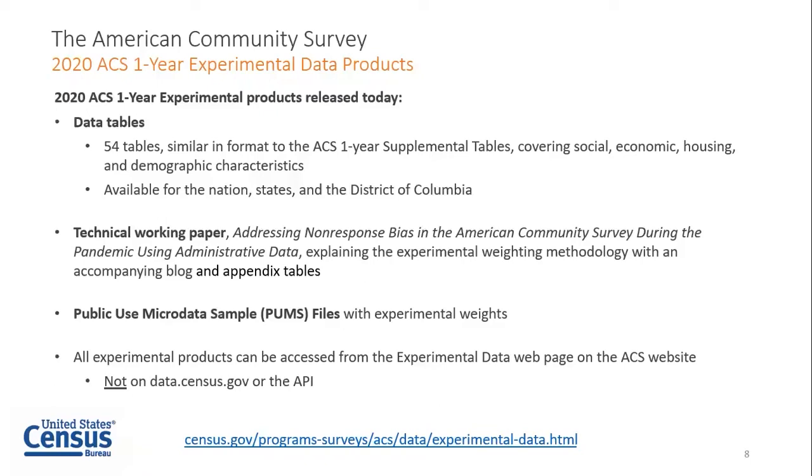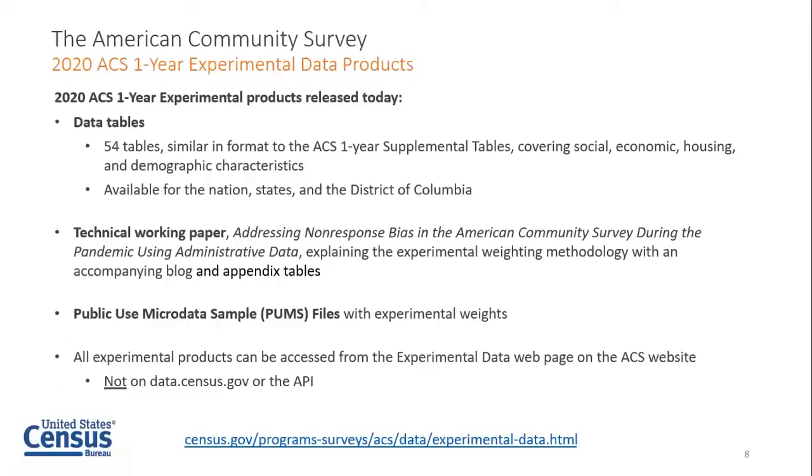The paper includes a limited set of 2019 and 2020 ACS estimates with the experimental weighting methods applied to help data users understand the impact of the methods on the weights in a non-pandemic year to provide the context for the year-to-year comparison. One of the authors, Jonathan Eggleston, will talk about the methodology in greater detail later during this presentation.